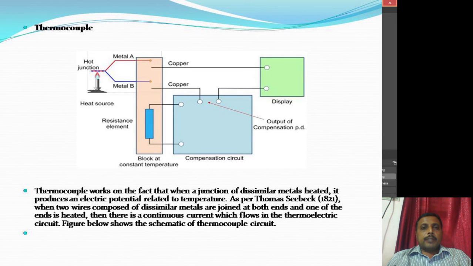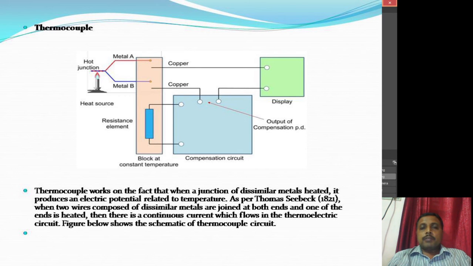Next I will be coming on to the thermocouples. Thermocouples, as you all know, are nothing but the joining of two or more dissimilar materials. When a junction of dissimilar materials is heated, it will produce an electric potential which is related to the temperature.